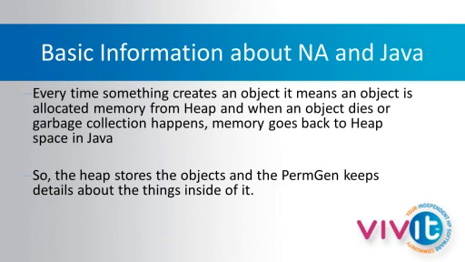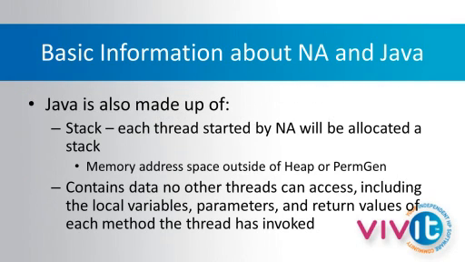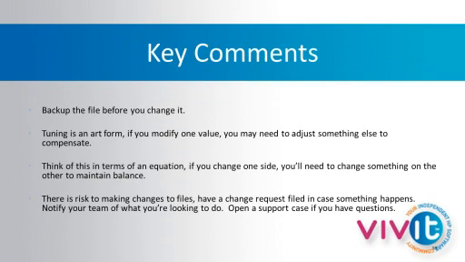Hopefully this makes a bit of sense, but the key with this slide is that garbage collection is pulling the memory back in and making it available again. And we talked about the stack.